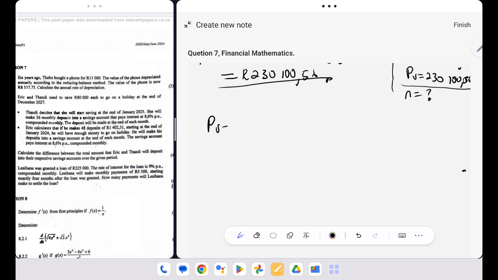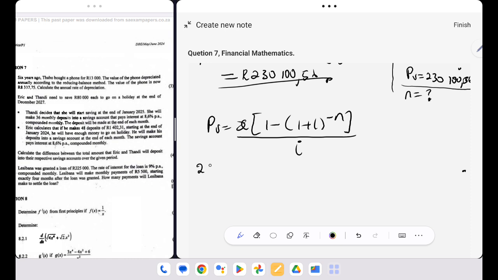So say PV is equal to X, 1 minus... Okay, I'll then substitute.